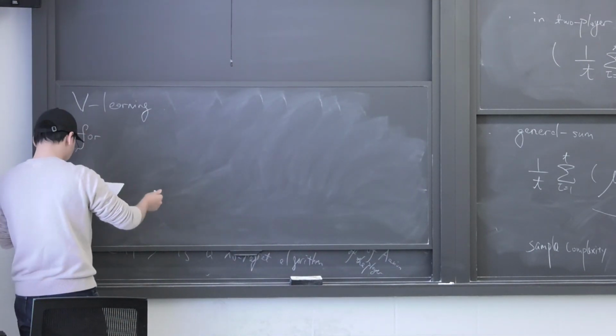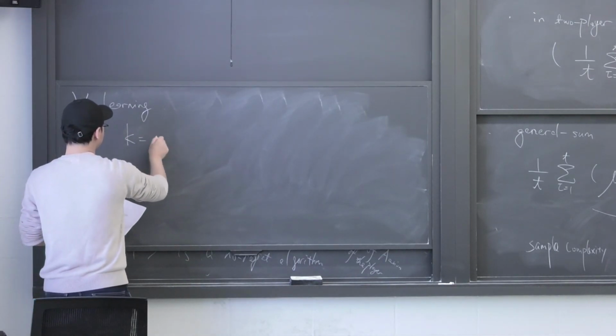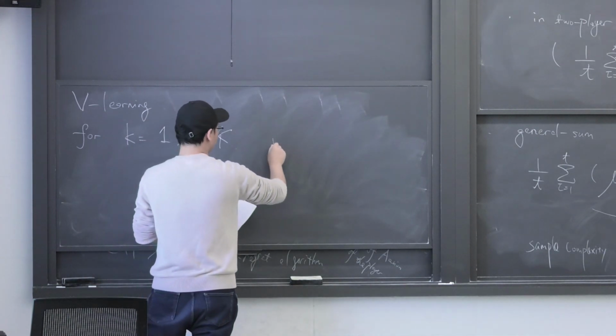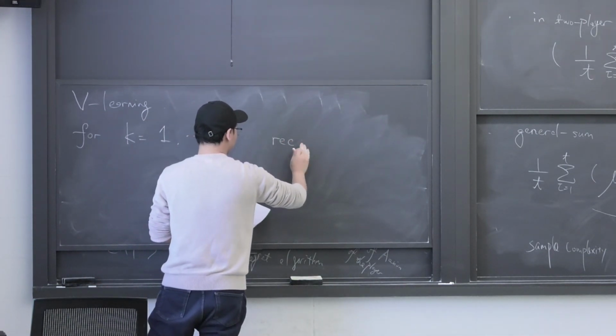So the pseudocode looks like the following: for k equal to 1 to capital K, we again first receive some initial state s1.